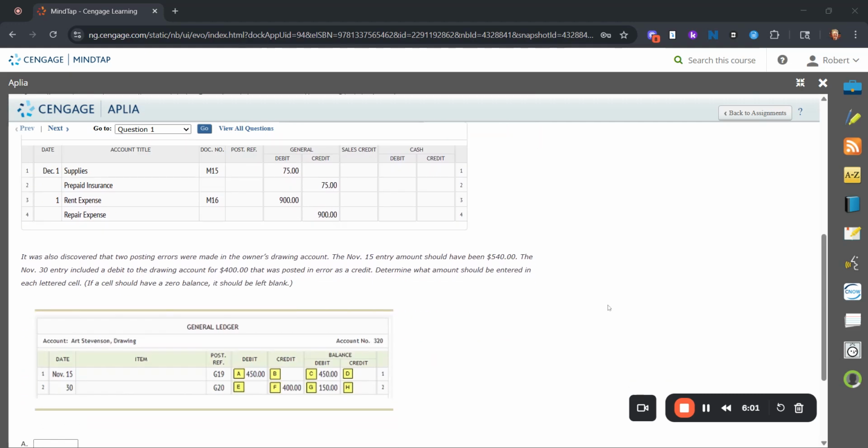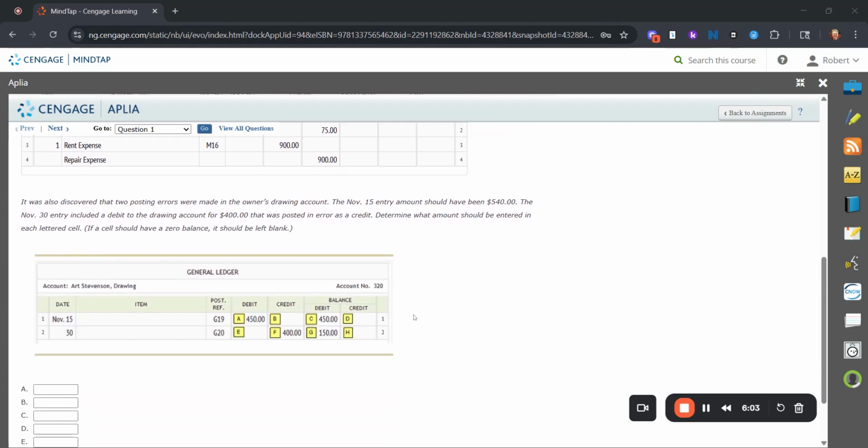So now we've got our next step down here. It was also discovered that 2 posting errors were made in the owner's drawing account. The November 15th entry amount should have been $540. The November 30th entry included a debit to the drawing account for $400 that was posted in error as a credit.